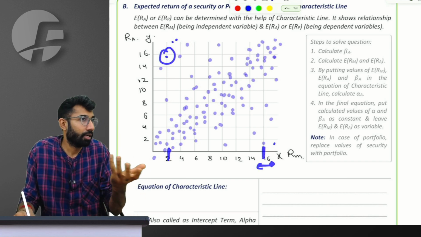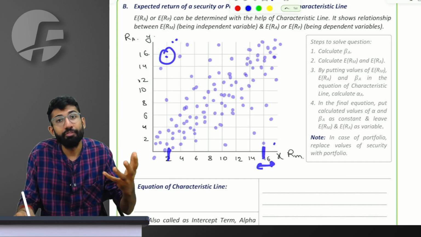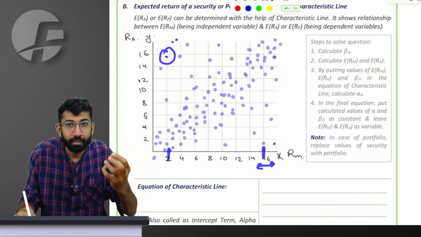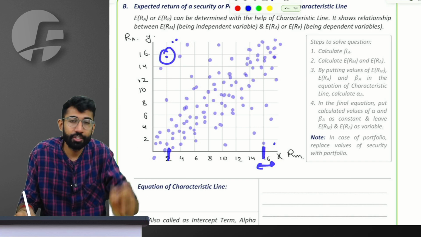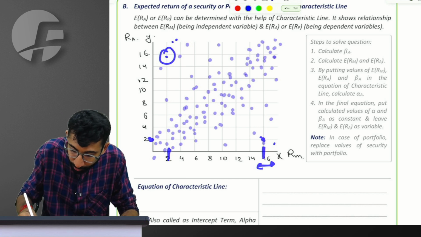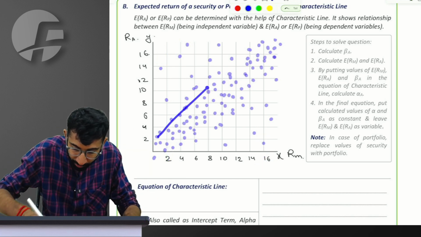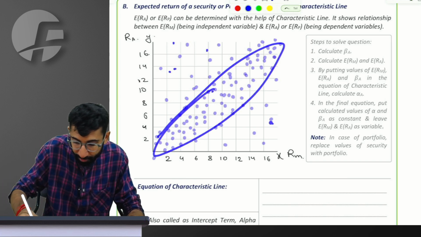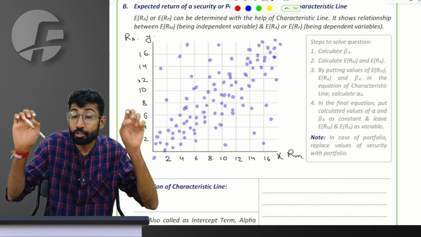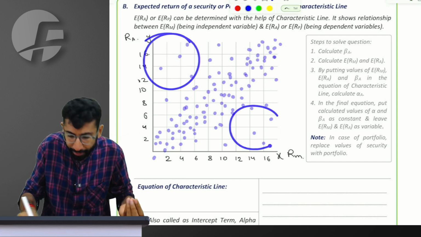For example, the company faced a severe litigation, because of which the market price of the security fell and the security gave a lower return. Do you agree broadly the line should look like this, except for these exceptions on account of unsystematic risk factors, which are not linked to the market?